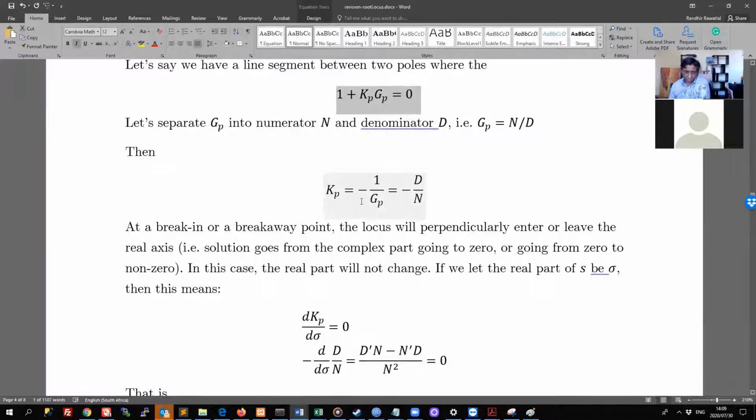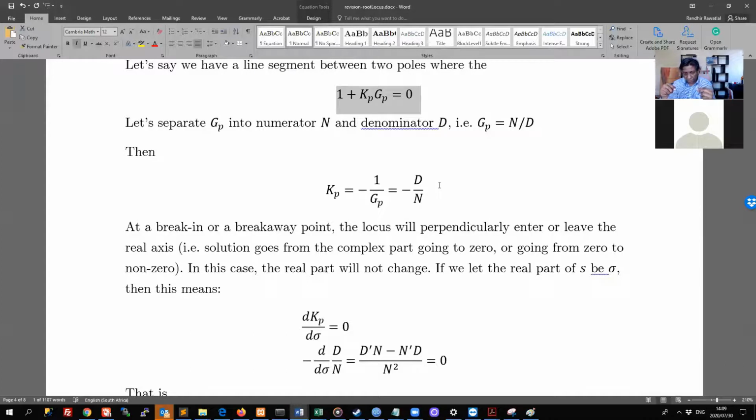And then if we think about this, we are concerned about being on the real axis and then breaking out of that real axis. So that means we depart the real axis. Up to a certain point, we are just traveling along the real axis.